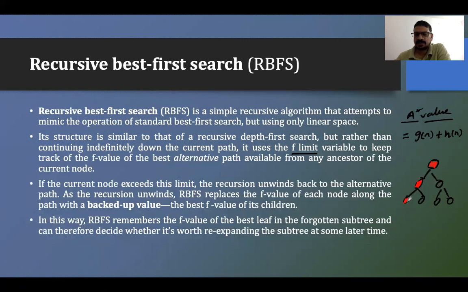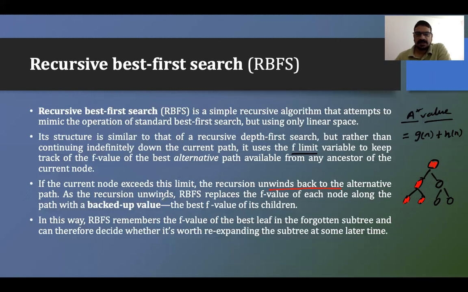After that, I'll explore this particular node. If this is not the goal node, I'll do the backtracking. So here also we'll do the same thing. It is called recursion unwinding back to the alternative path. And we'll see which particular path is the alternate path. So we'll backtrack and again search the other path. So it works in that particular manner.